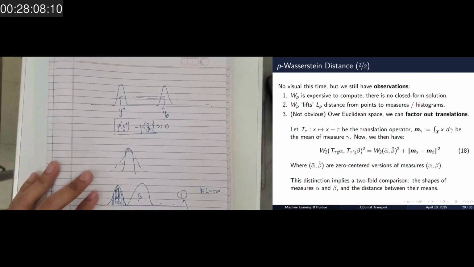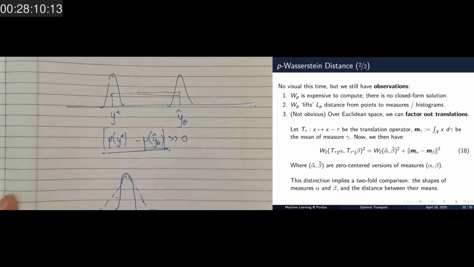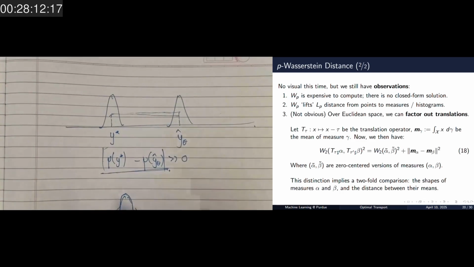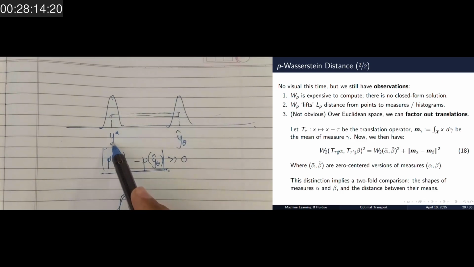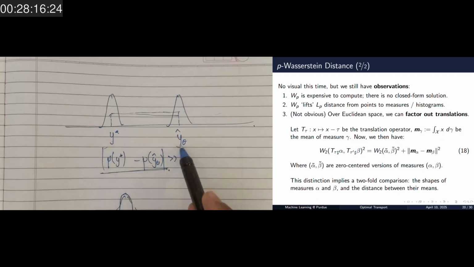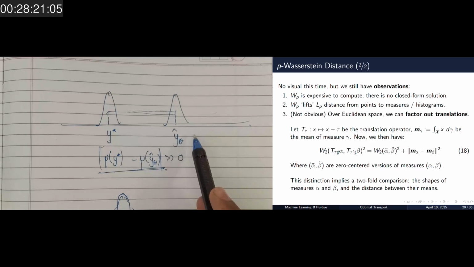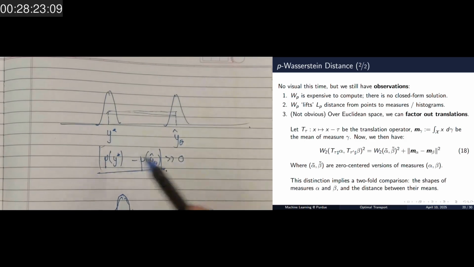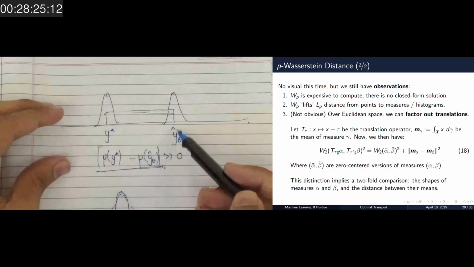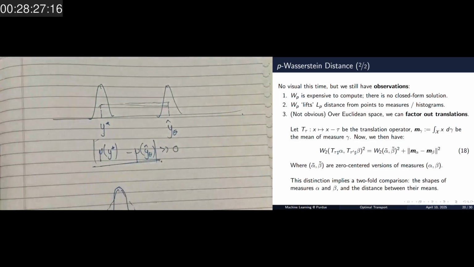If we want a practical analogy, we can consider just y star and y theta. You have y star being the target distribution that you want as the output, and y theta being the output that your model gives you for a particular input, right? So we want to approximate y star as closely as possible using the neural network.